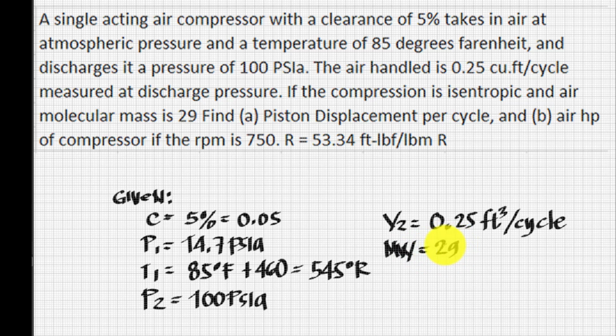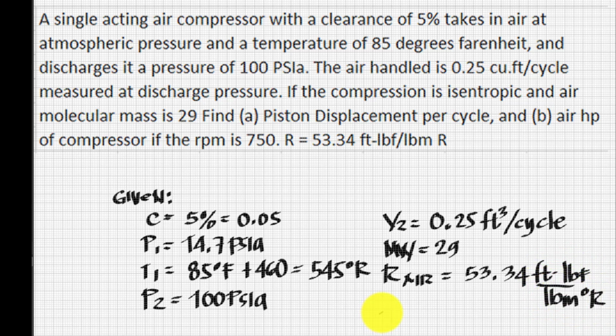Find the piston displacement per cycle of the compressor, and we have the R of my air, that will be 53.34 foot-pound force per pound mass degree Rankine. And for my K of the air, it is not specified, but automatically that will be equal to 1.4.